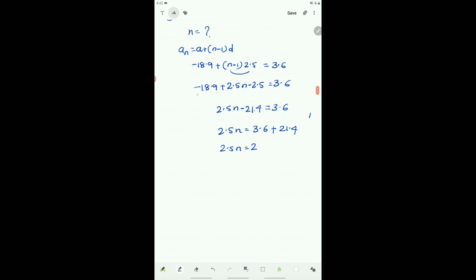Then 2.5n is equal to 3.6 plus 21.4, then it becomes 2.5n is equal to 25.